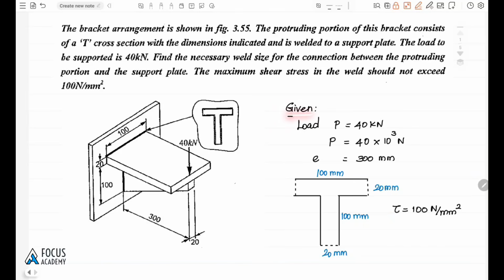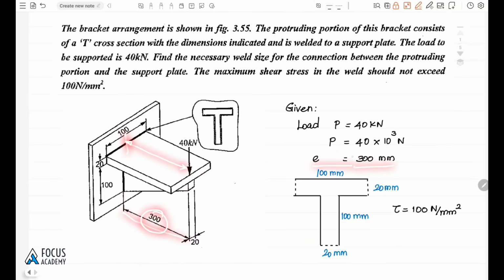For the given data, the load applied at the end of the extruded plate is 40 kilonewton, so 40 into 10 power 3 Newton. The eccentricity from the welded portion to the load acting point is mentioned in the diagram, that is 300 mm.